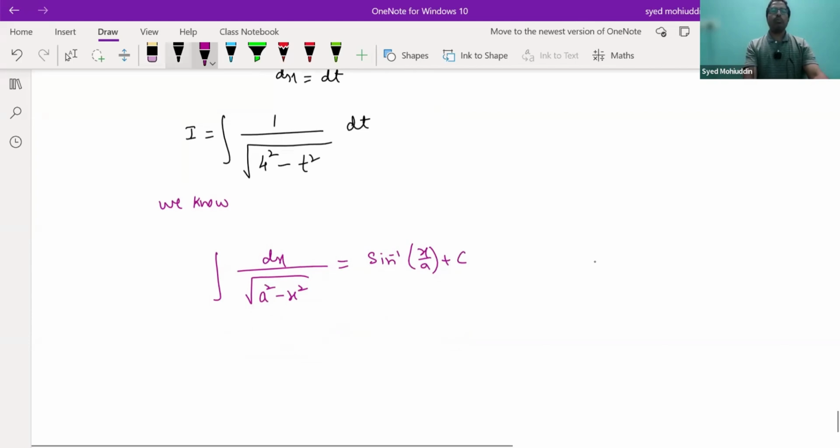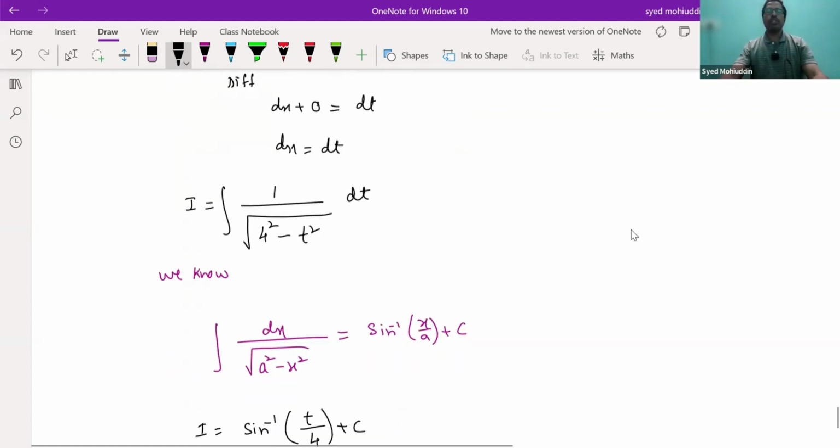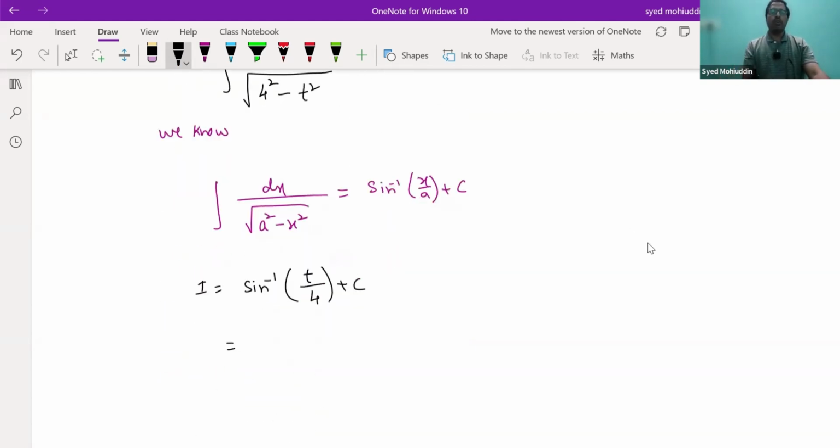Now if you compare with this one, I is equal to sine inverse of x value, where the x value is t by a. The a value is 4. So t by 4 plus the constant c. But what is the value of t in this case? t is x + 3. Therefore, you can write it as sine inverse of (x + 3) divided by 4 plus the constant c. So that will be the required solution.